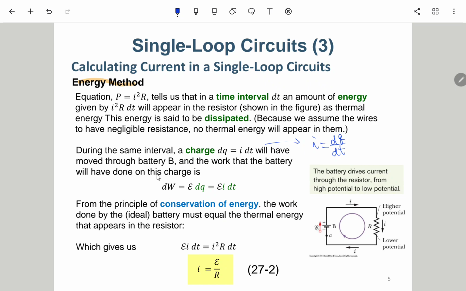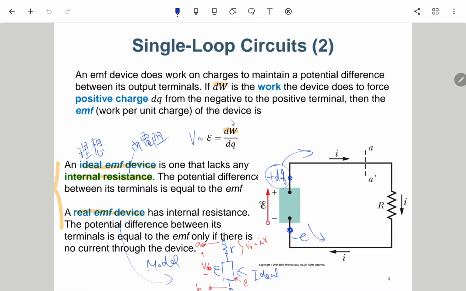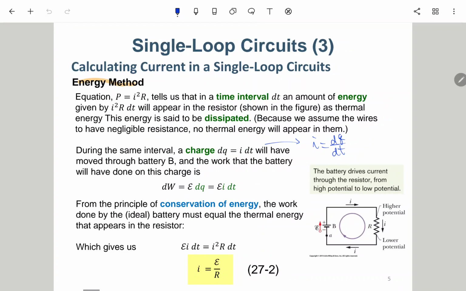In such a way, we have dW equals E dq, and dq equals I dt, so we have dW equals E I dt. This is the variation of the work done, or the energy. From the principle of conservation of energy, the work done by the ideal battery must equal the thermal energy that appears in the resistor.